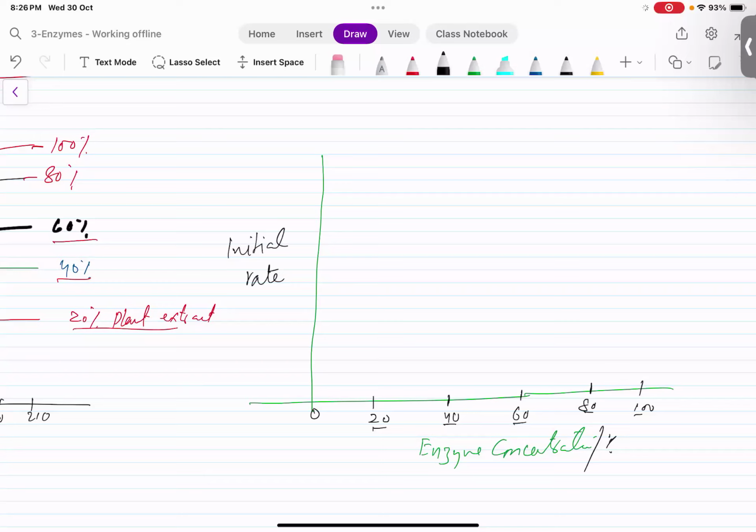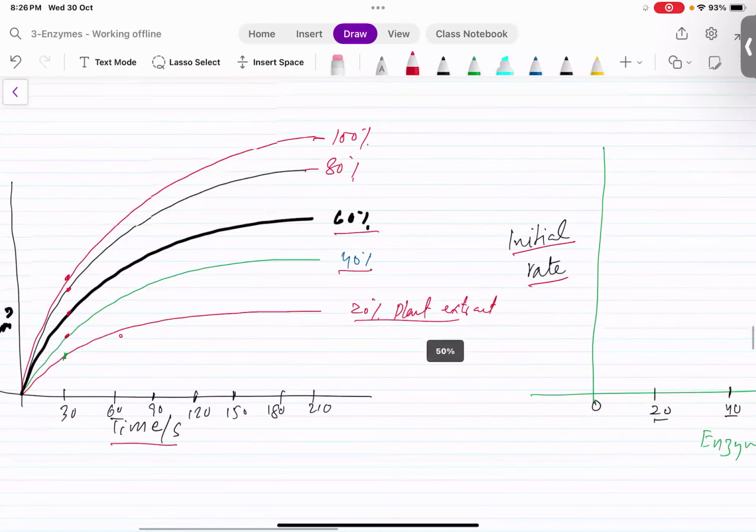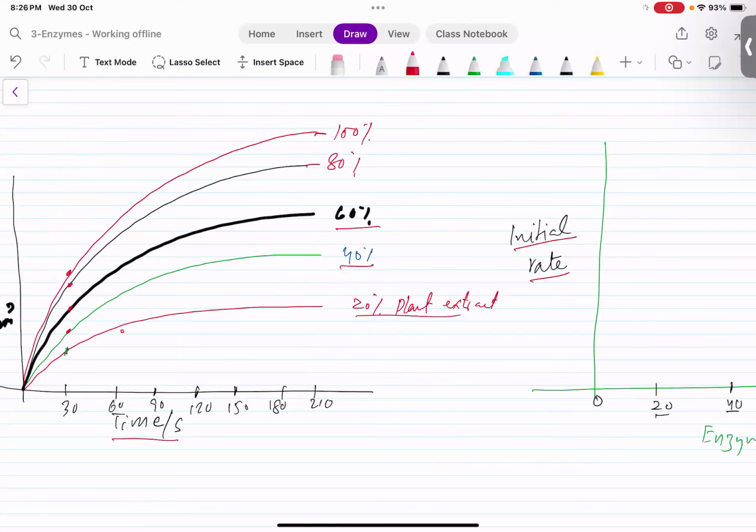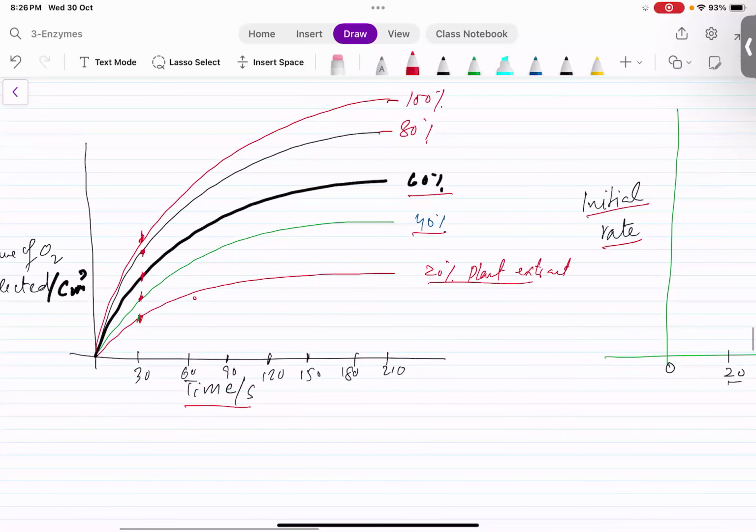of an enzyme action. Why is it important to take the initial rate instead of taking the rate? In the initial possible time where we can measure the rate of enzyme action, the substrate concentration will be the maximum, and that would be the same substrate concentration. As the reaction progresses, the substrate concentration decreases, and for different enzyme concentrations, the substrate concentration decreases at a different rate.